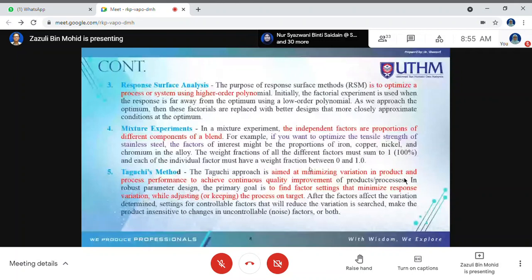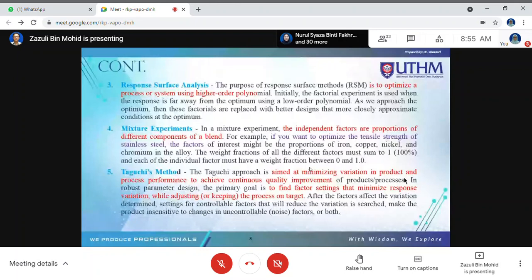Most of the time when we want to do optimization, sometimes we use this RSM method. Mixture experiment is the method that most of the study in material or chemical engineering uses.